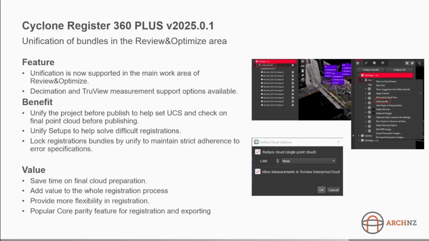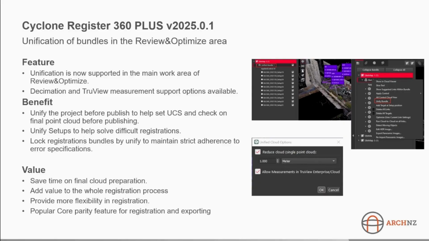So say you wanted to deliver a point cloud with a certain decimation, say 5 mil decimation, in order to inspect the results and make sure that that decimation gives you the required level of detail, you had to open it up in downstream software, inspect it, and then go back and republish if you didn't have the required level of detail at that decimation.